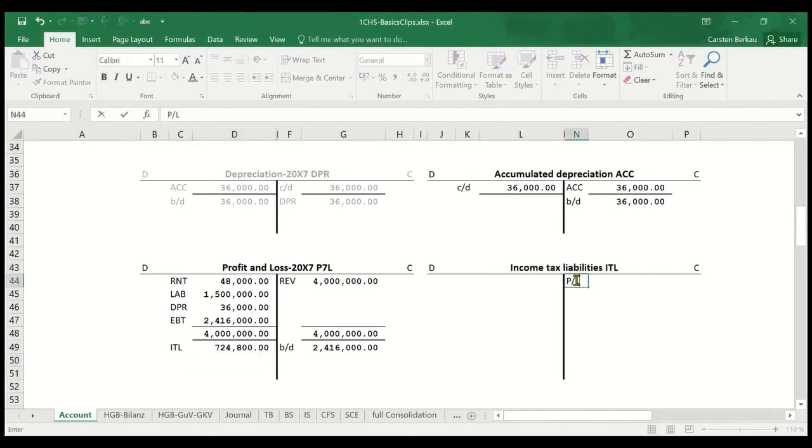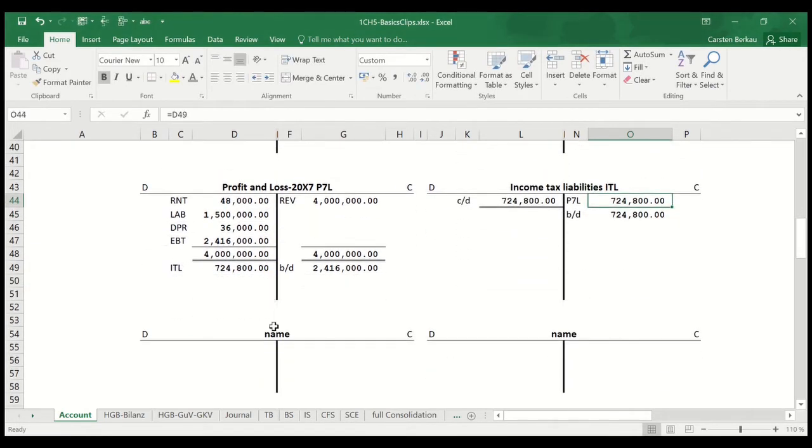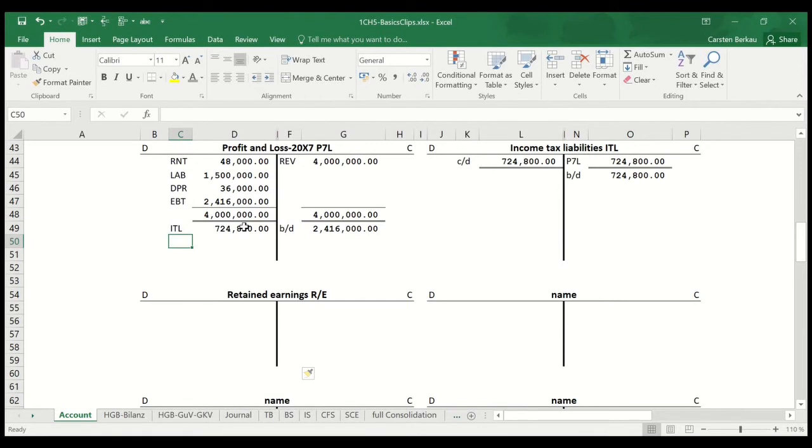We credit the amount to the income tax liabilities account. Next, we transfer the profit to the retained earnings account, which is an equity account on the balance sheet. It gives us 70% multiplied with the pre-tax profit.